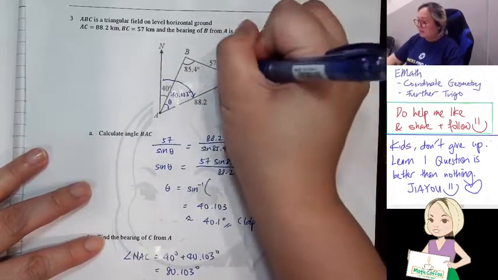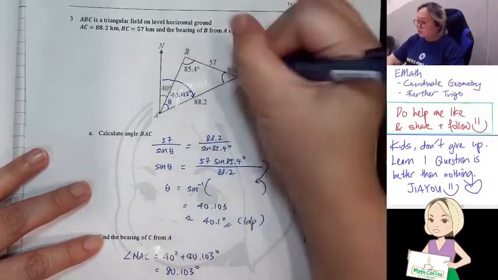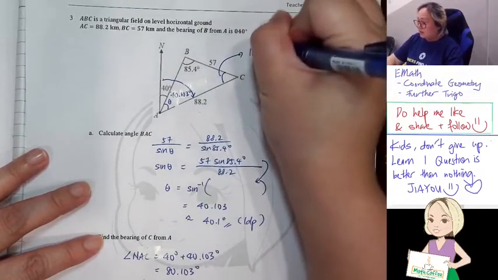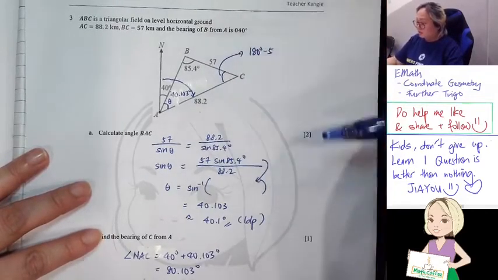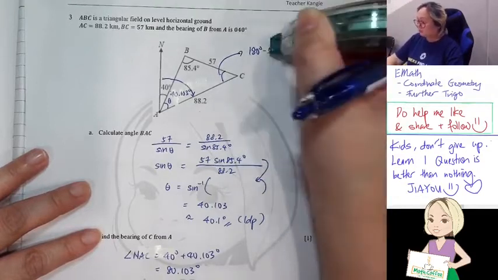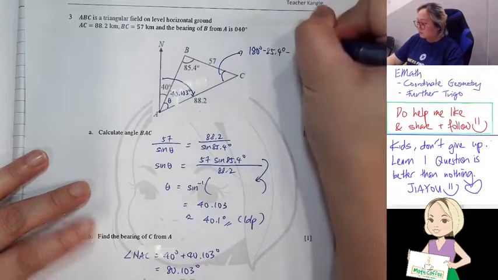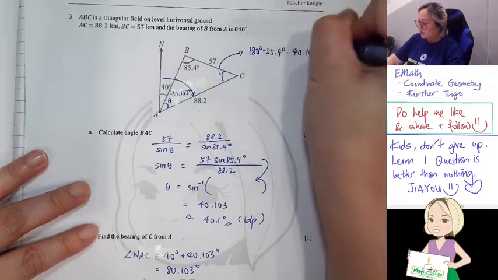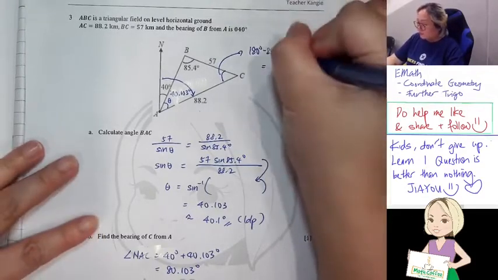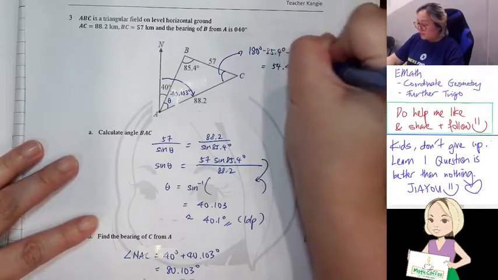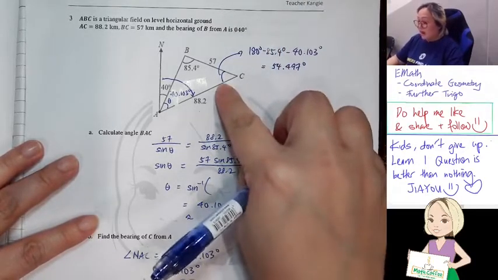I can easily find this angle over here. So what you need to do is 180 minus 85.4 minus 40.103, we will get 54.497 degrees.